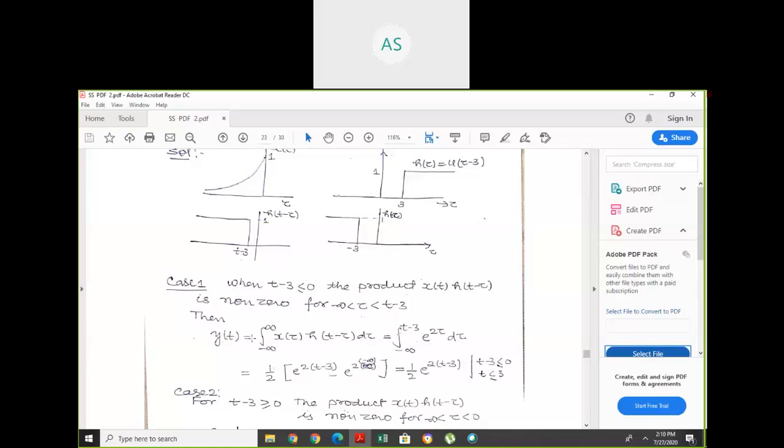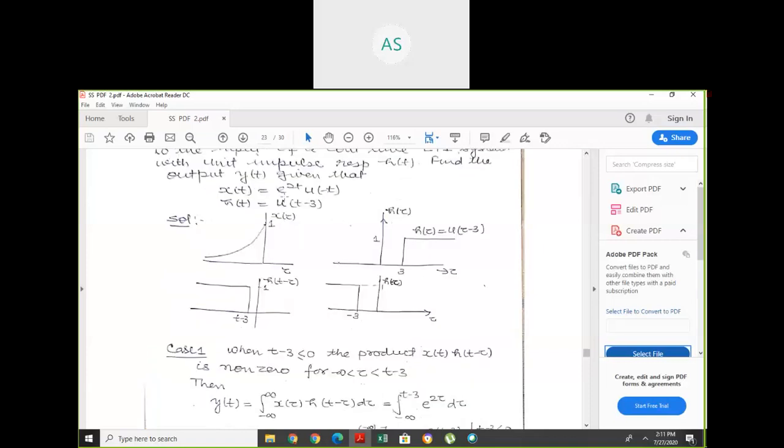So y of t is equal to the integration from minus infinity to infinity of h of tau, x of tau, h of t minus tau d tau. The value of h of t minus tau here is 1, and the value of x of tau is exponential to tau, and u of t minus tau is always 1, so we get the value of exponential to tau.